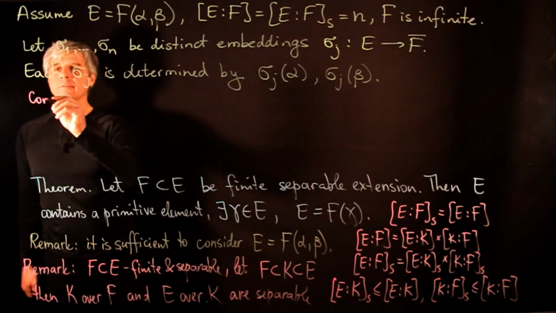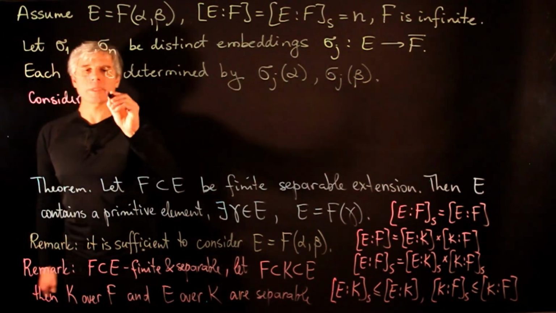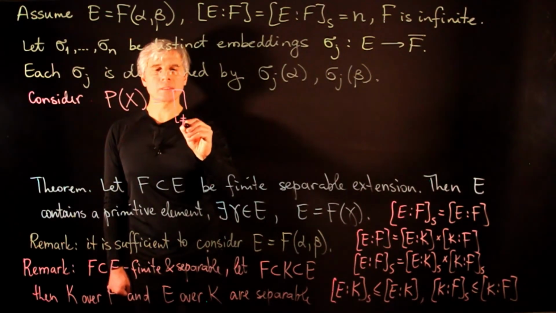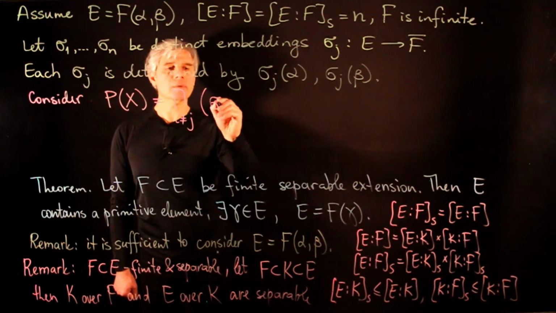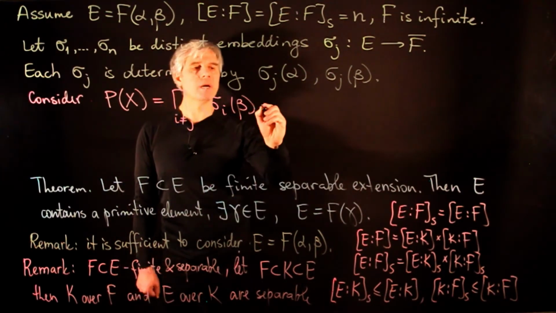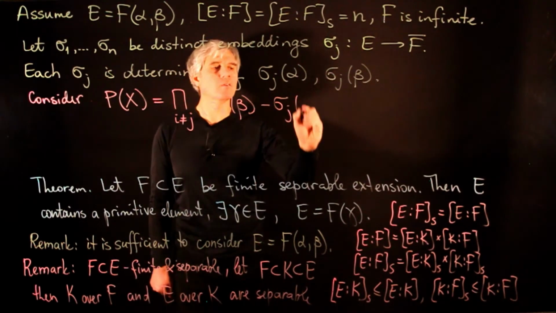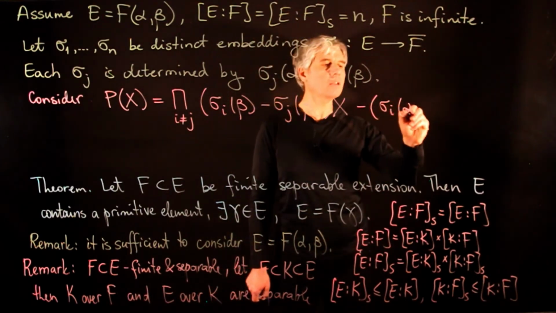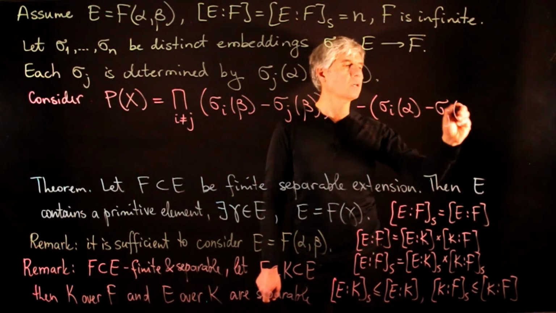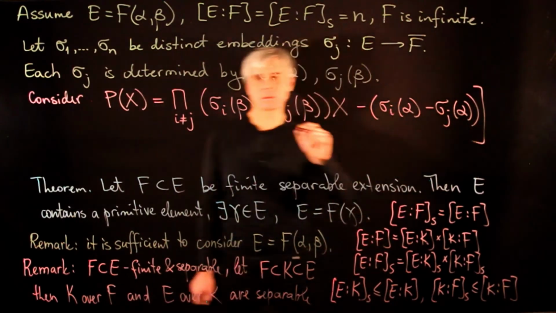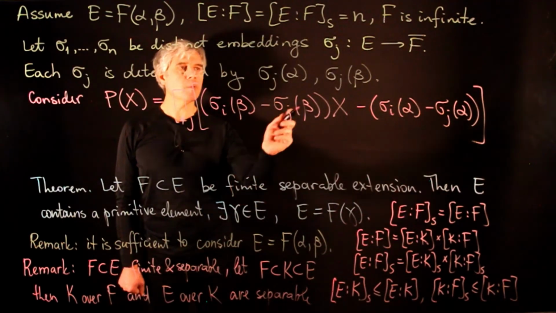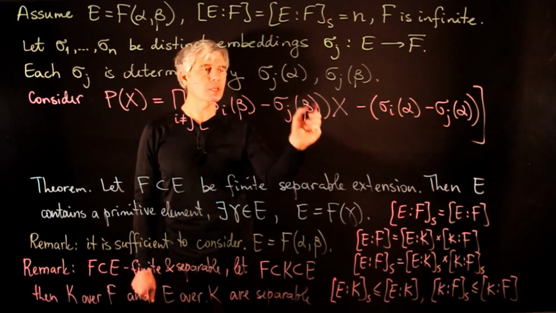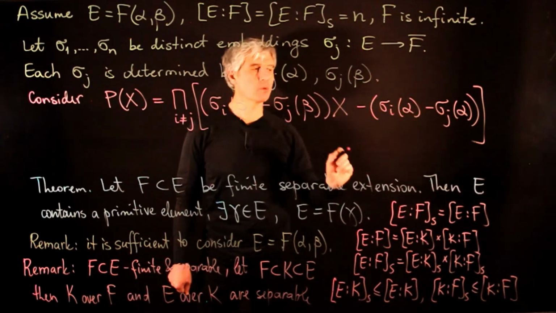Let us construct the following polynomial. Let P of x be the product over i different from j of sigma i of beta minus sigma j of beta times x minus sigma i of alpha minus sigma j of alpha. By our previous remark, each factor in this product is non-zero, because these two coefficients cannot be simultaneously zero.